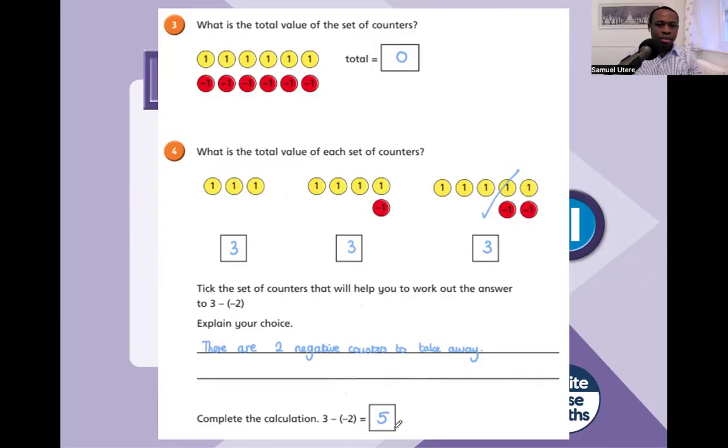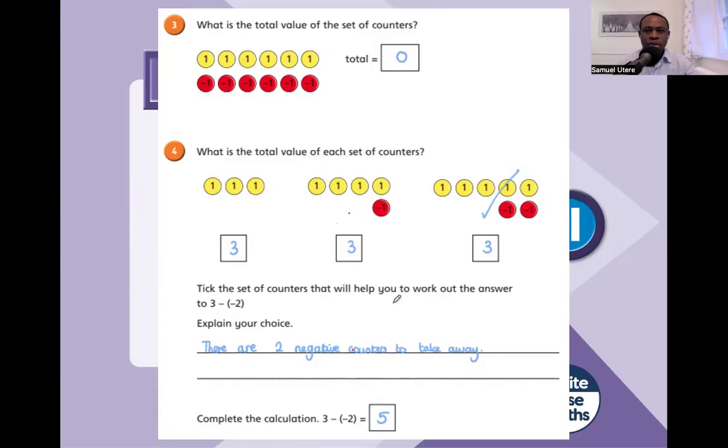Next, you ask, take the set of counters that will help you to work out the answer to 3 subtract negative 2. Now, there are two negative counters to take away.